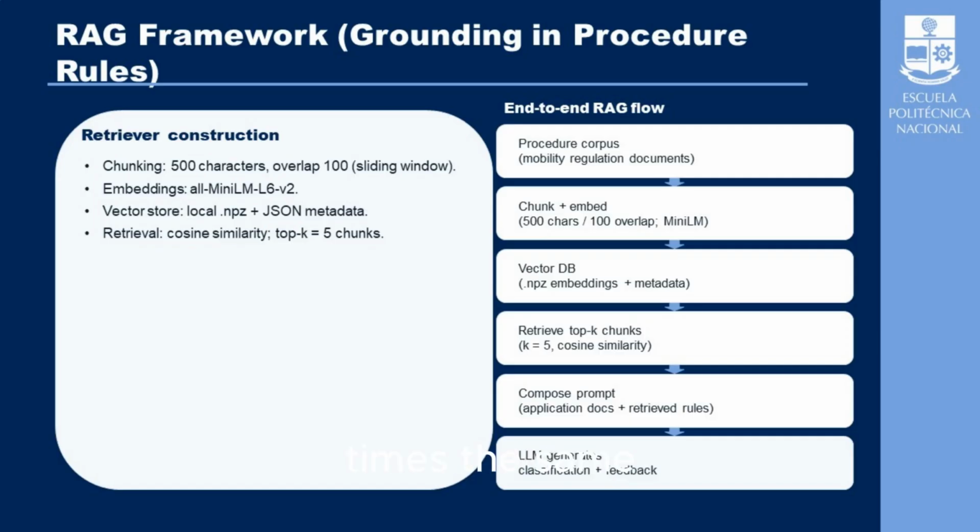At query time, the same embedding model encodes the input and retrieves the top 5 most relevant chunks. Finally, the system builds a composite prompt by combining the applicant's document with the retrieved procedural context. The LLM then produces the classification decision and the feedback checklist.